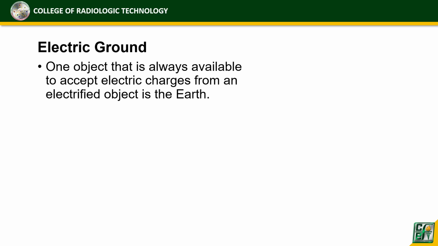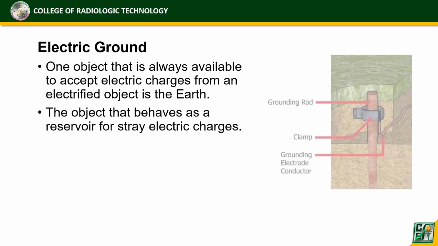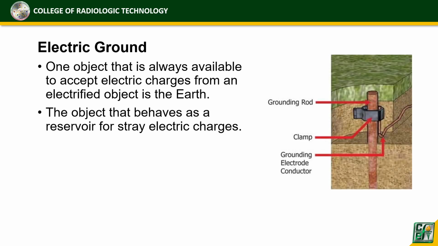Kaya nga, kung mapapansin natin, yung mga appliances natin karaniwan, meron silang wire na tinatawag na usually na ground, na kung saan siya ay kinoconnect sa lupa, supposed to be. Okay? Yan. So ito yung example ng isang grounding rod.